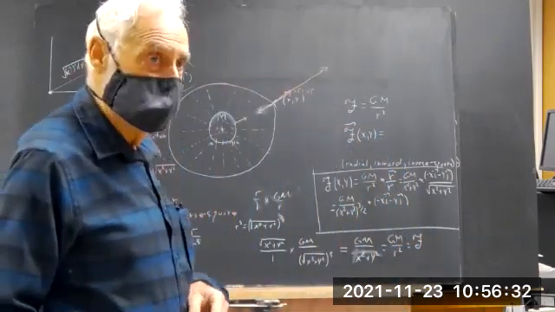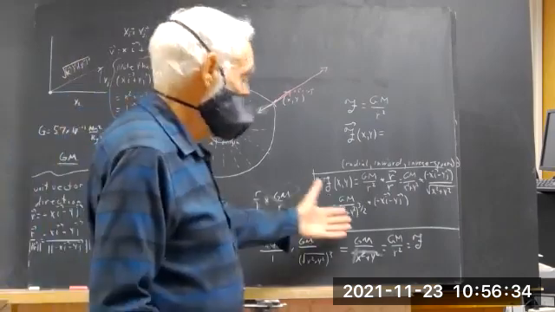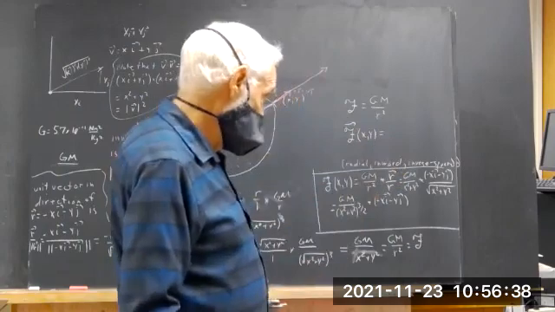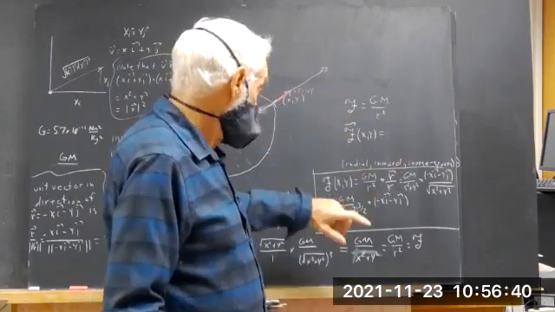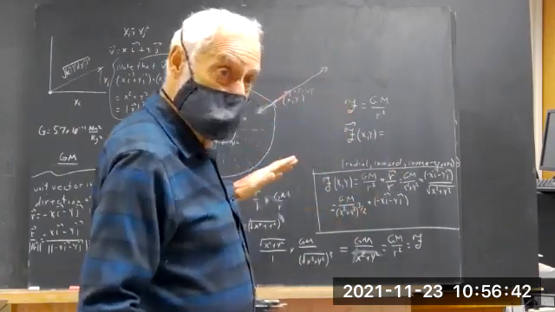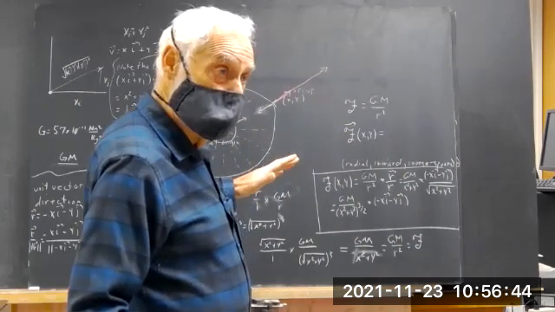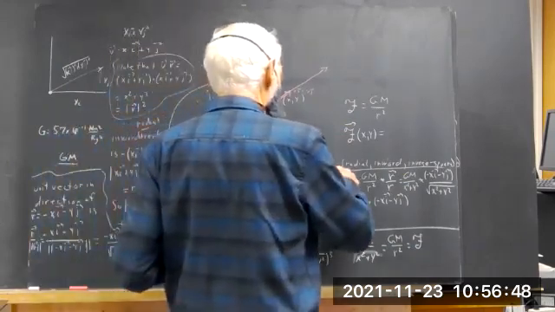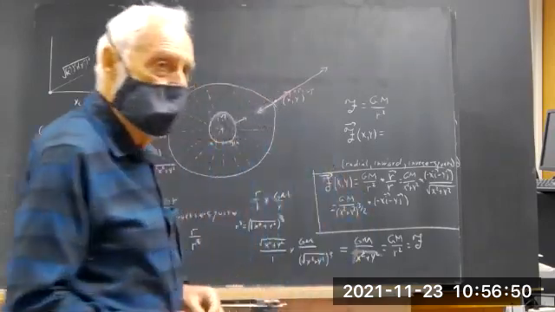Inverse square, inward because of the minus sign, and radial. And now this is the vector field.